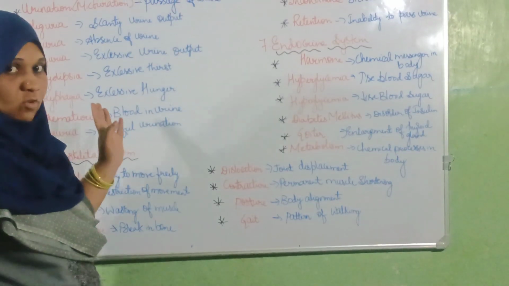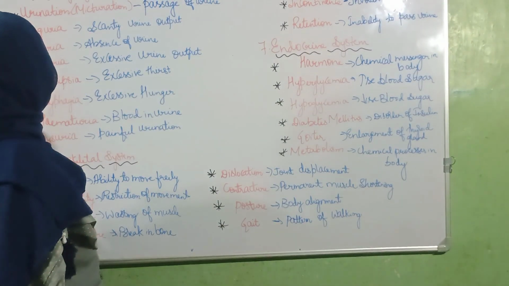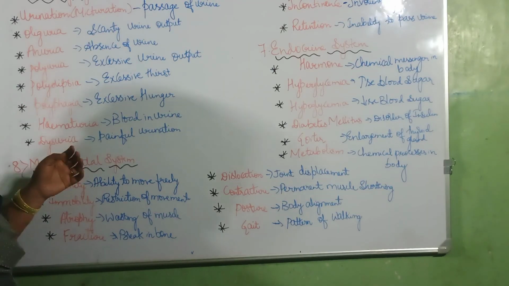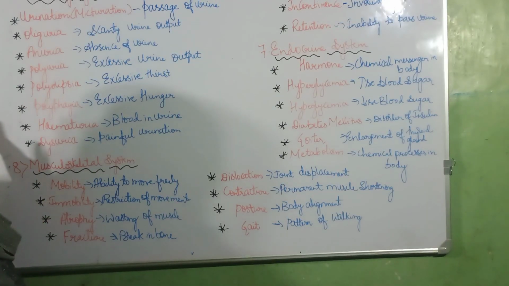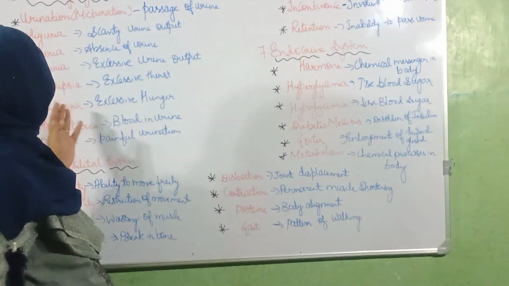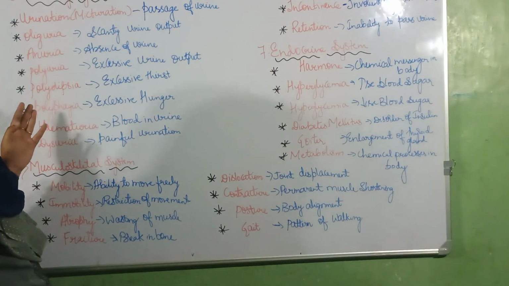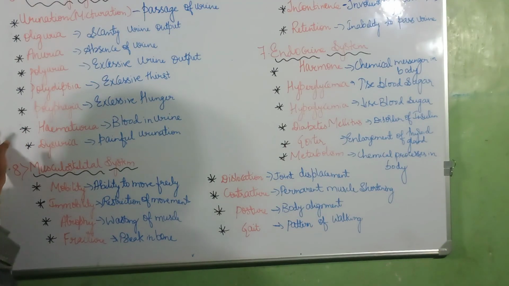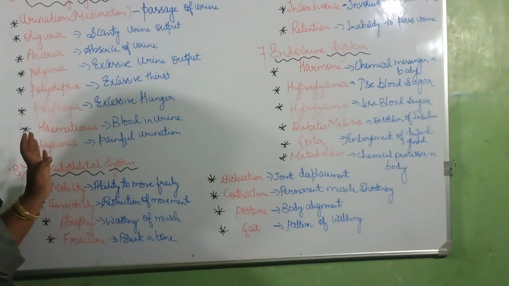So next system is the urinary system. In this system, the main terminologies are urination, or micturition, which is the passage of urine. Oliguria, that is scanty urine output. Anuria, that is absence of urine. Polyuria, that is excessive urine output. Polydipsia, that is excessive thirst. Polyphagia, that is excessive hunger.